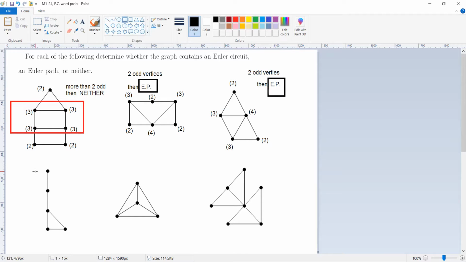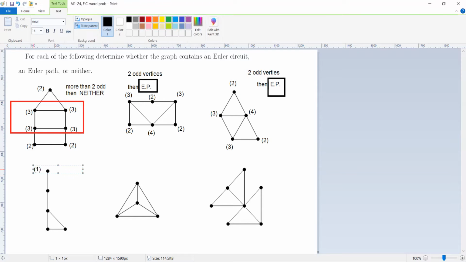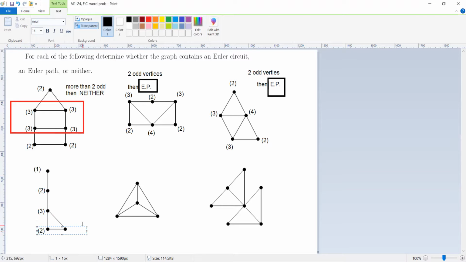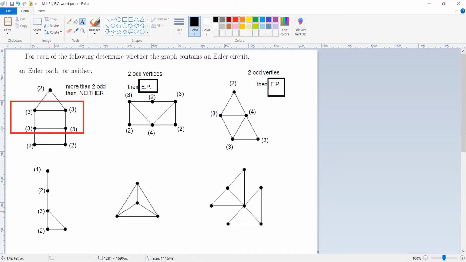So this is the graph that I drew earlier, and we found an Euler path. But this time we're going to use the theorem. Degree 1, degree 2, degree 3, degree 2, and degree 3. Oh, wait, just 1, 2, 3, 2, 3.